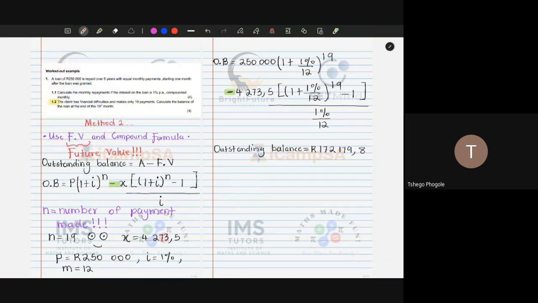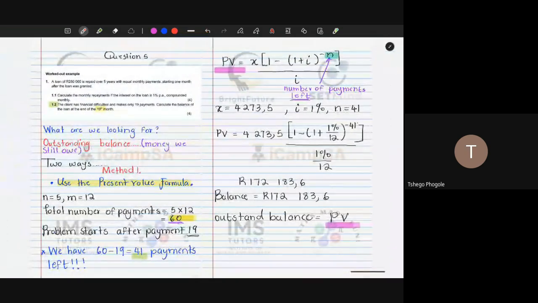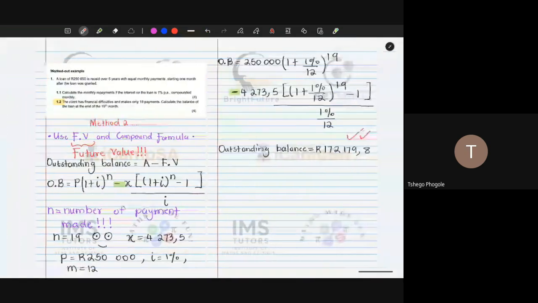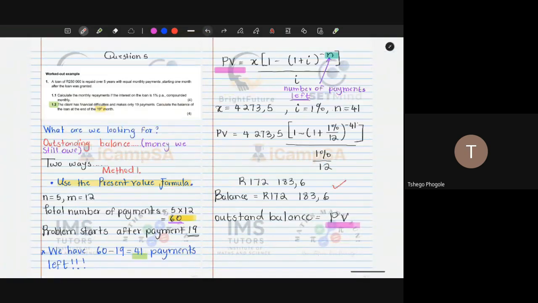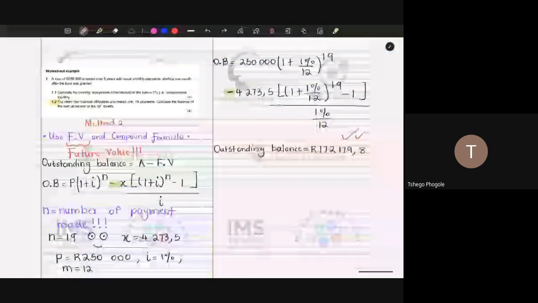And remember, when they mark, they have a tolerance. So it doesn't mean that if one of your classmates gets 179, another one gets 180, one is going to be wrong. So you could find your answer this way or this way. You will get the answer correct. Do you guys understand both methods?